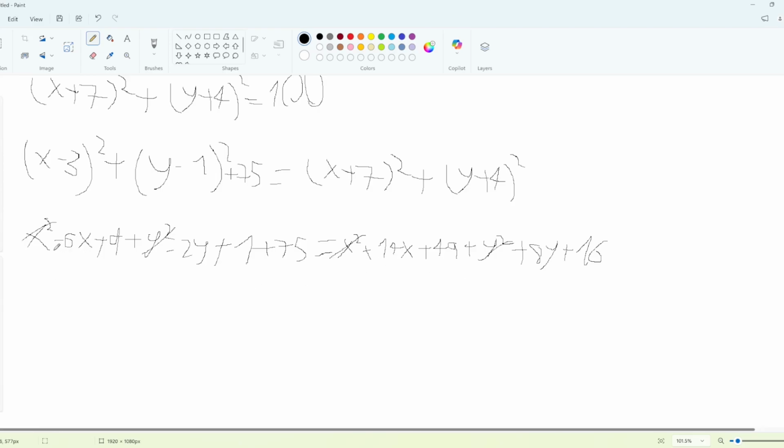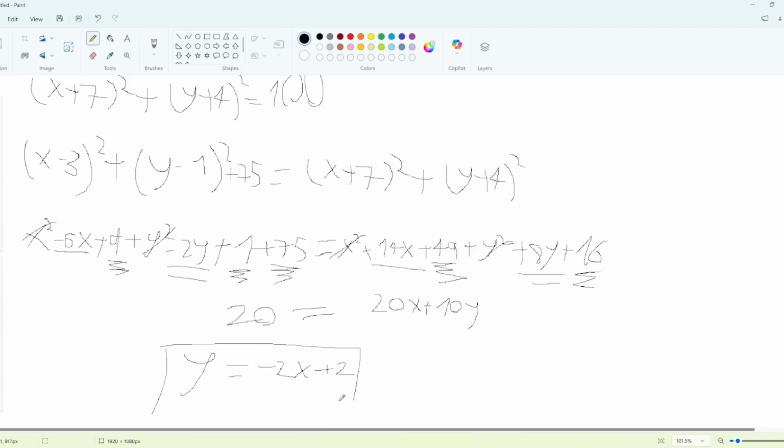Then we're going to group this together, okay? 6x goes here, so we're going to be left with 20x. This together is 65, so I'm going to get left with 20 here. So this is my equation, or more simplified, y equals negative 2x plus 2.